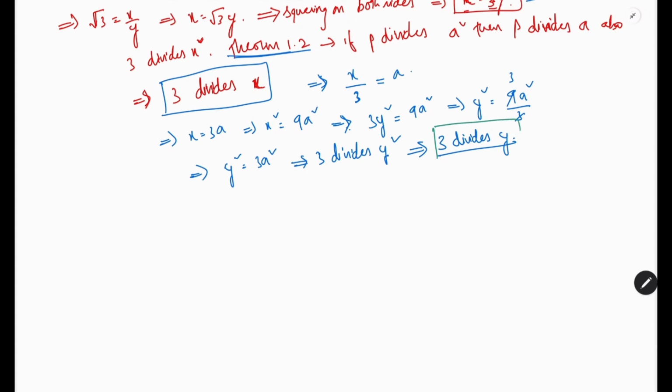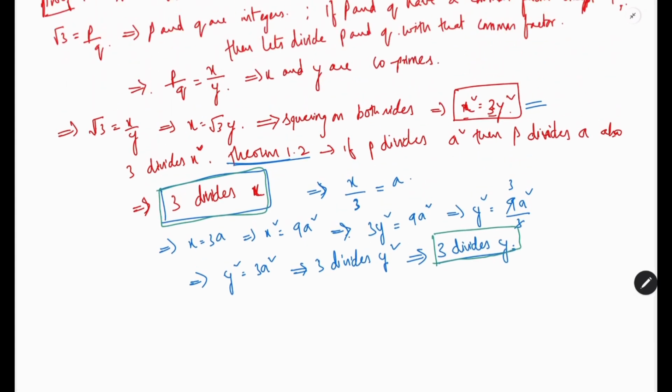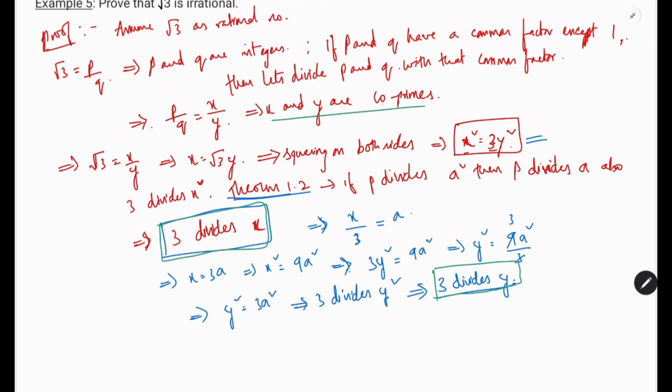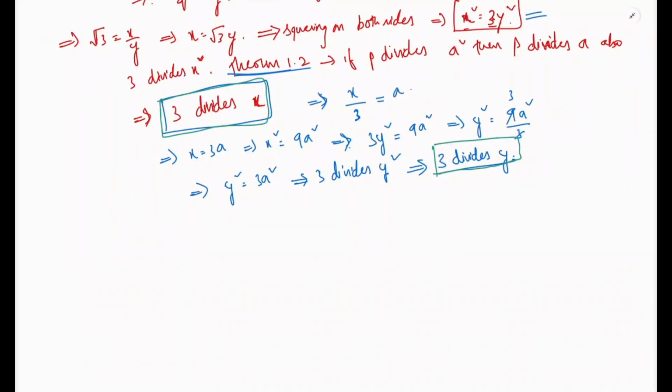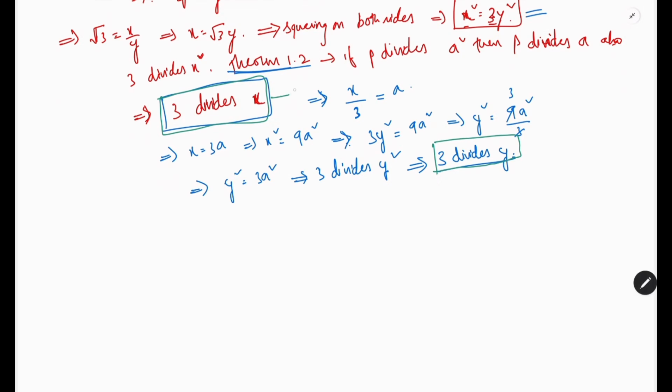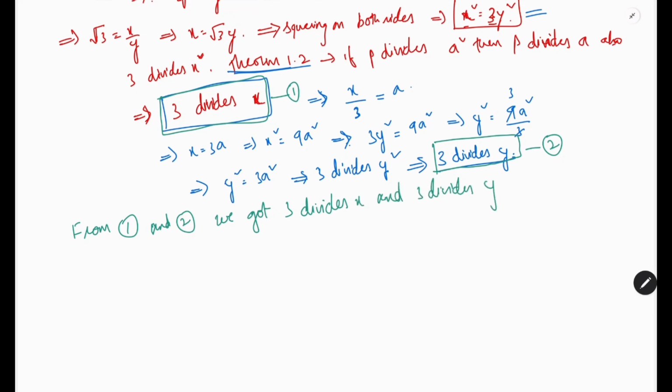Here we have seen that 3 divides y and 3 divides x. But here we have assumed that x and y are co-primes. From the first and second equations, we got 3 divides x and 3 divides y.